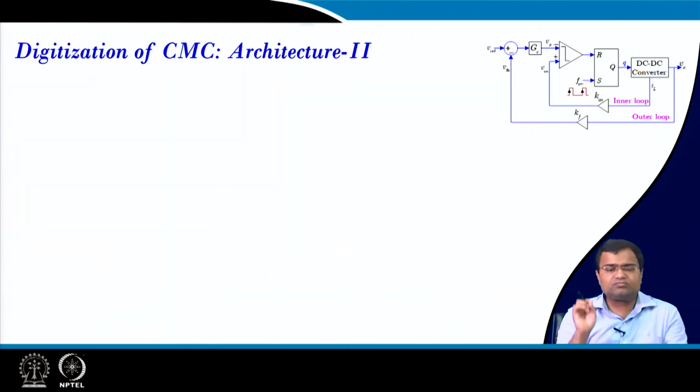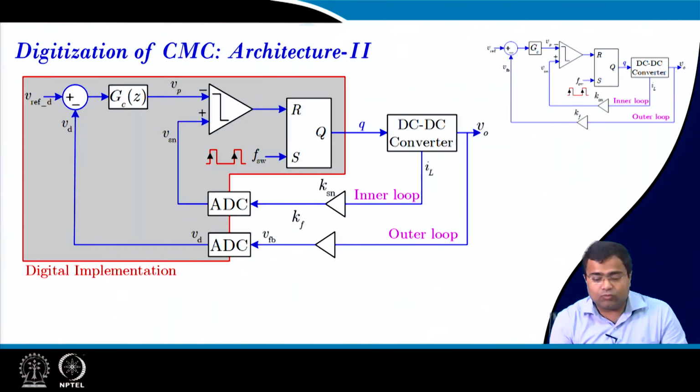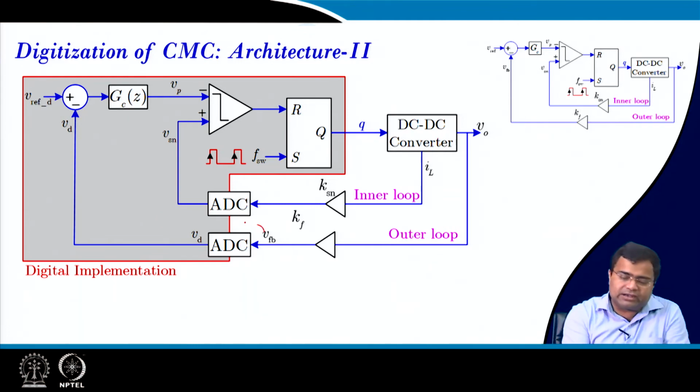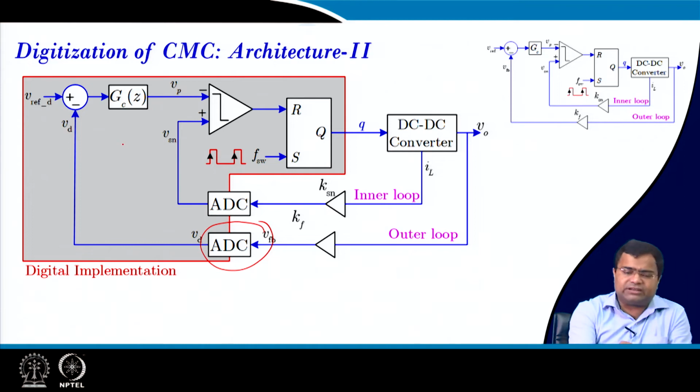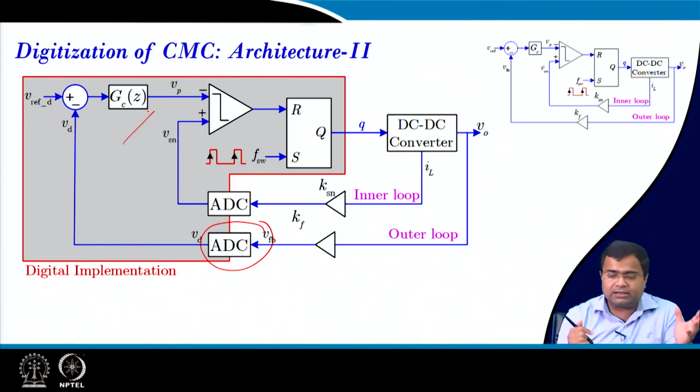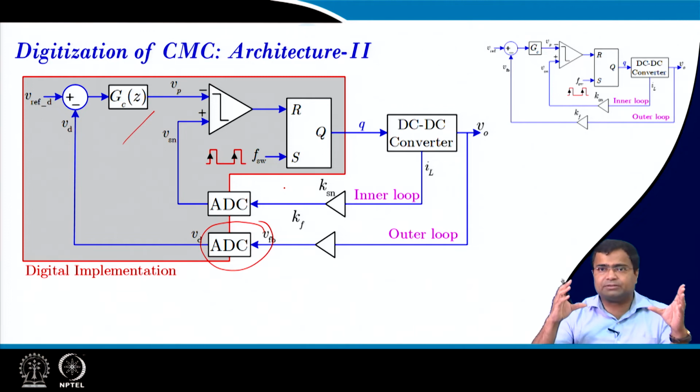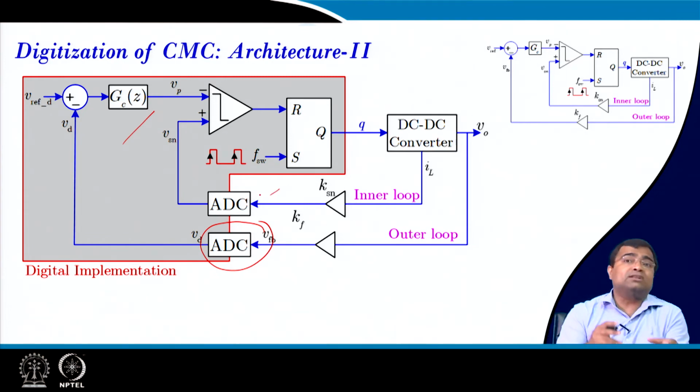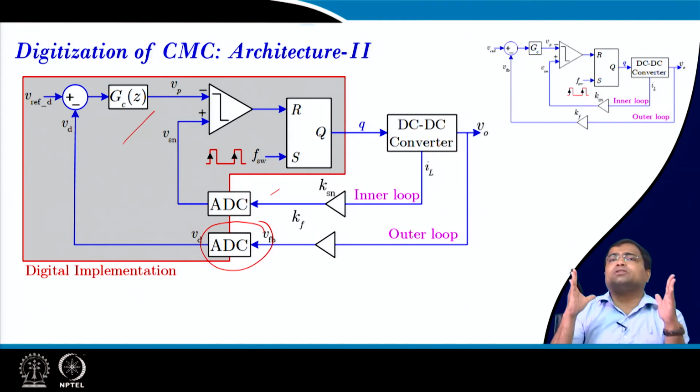Another architecture, we can keep even the current loop in digital. Earlier we retained the voltage loop and discussed various possibilities. Now we keep the current loop also in digital, but we have discussed that the current has a large ripple, which is 20 to 30%. So we cannot simply take one sample per cycle, because then you cannot get an on-off operation for the whole cycle.